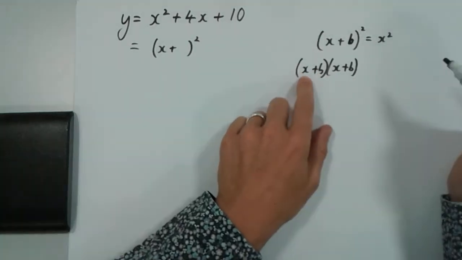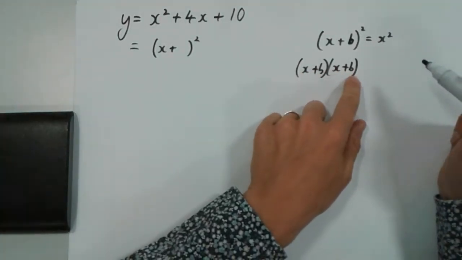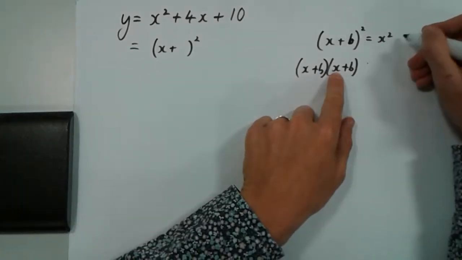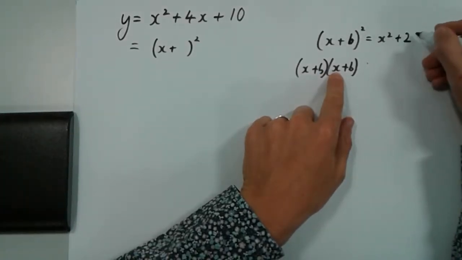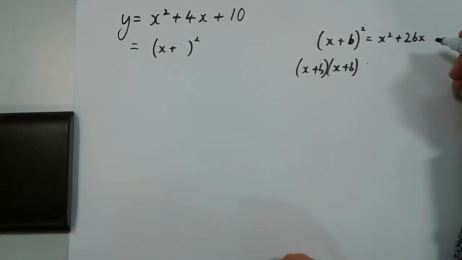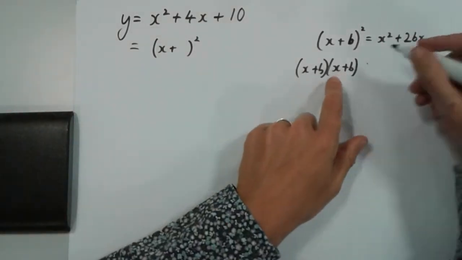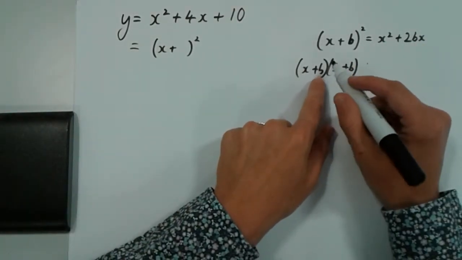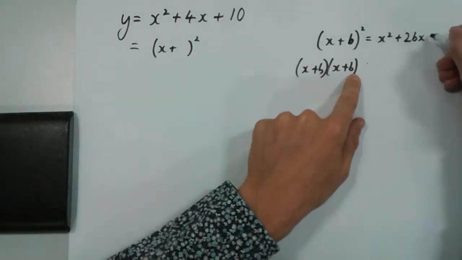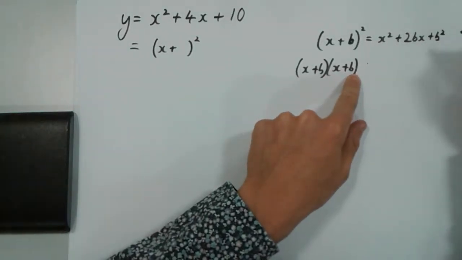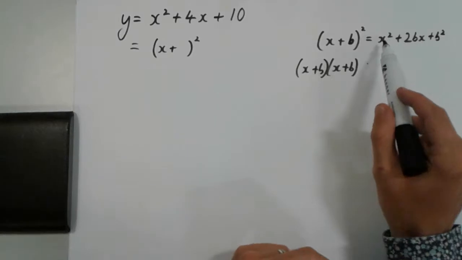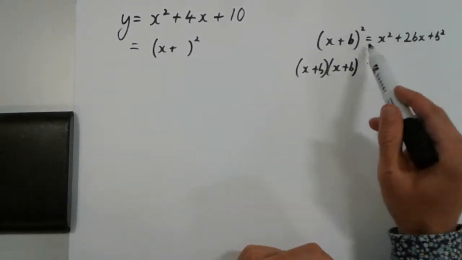I'm also going to get x times b and b times x, so that's going to give me 2 lots of bx. The final term I'm going to get from this is b times b. Okay, so we know that it's going to be of that form.